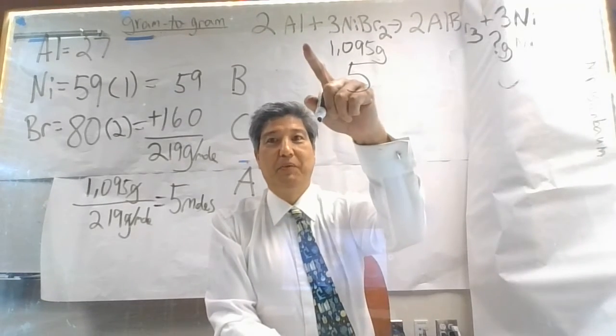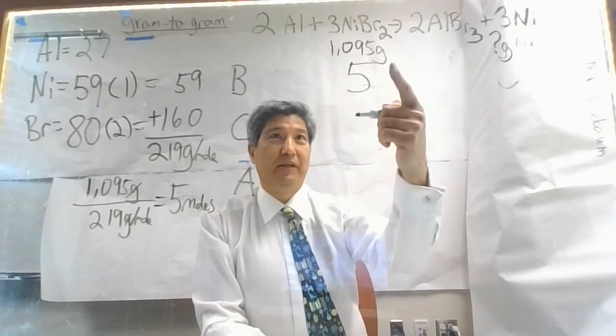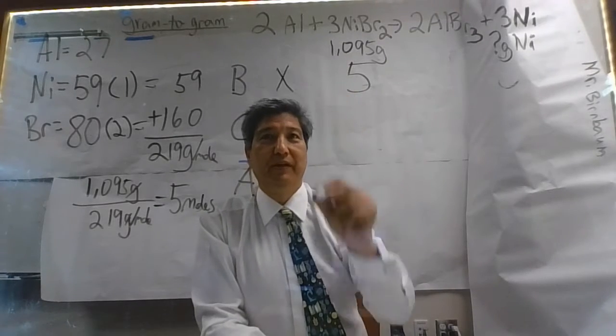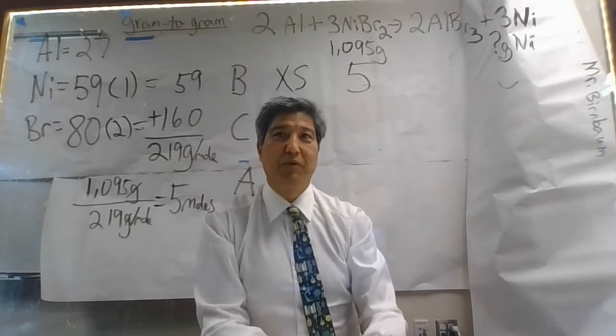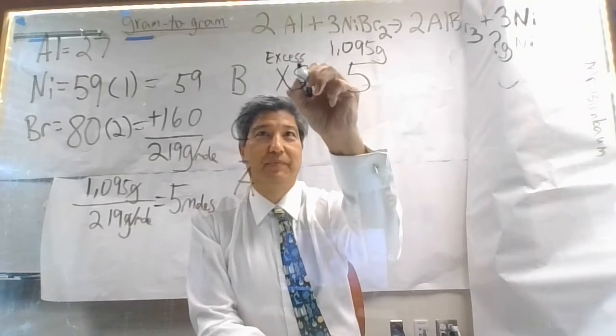Now how much aluminum do I have? Well, the question doesn't tell me, it just gives me this. So what I can do for now is put in XS, which is an abbreviation for excess.